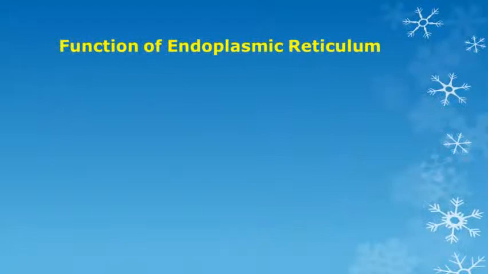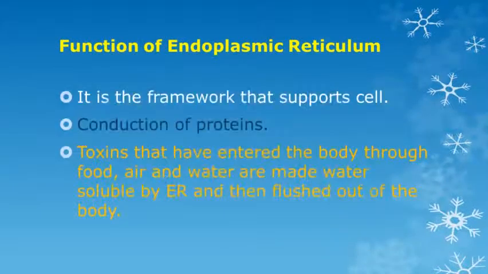Let's see the functions of the endoplasmic reticulum. First, it is a framework that supports the cell. Second, production of protein: the ribosomes present on the rough endoplasmic reticulum help to produce the protein for the cell, as ordered by the nucleus of the cell.